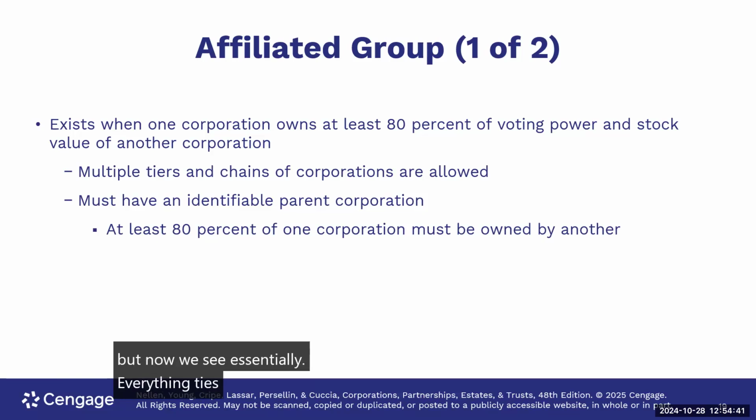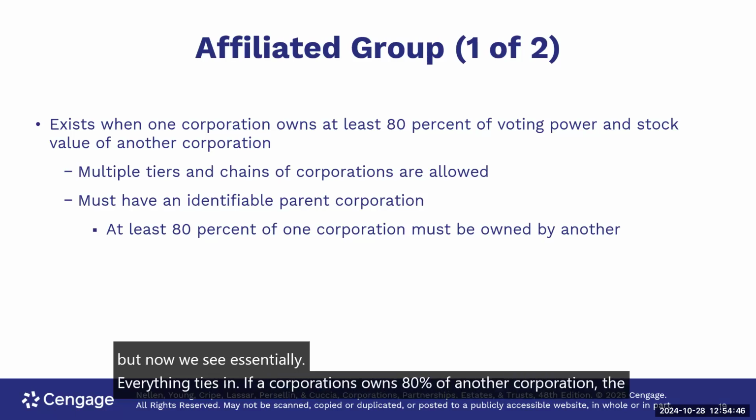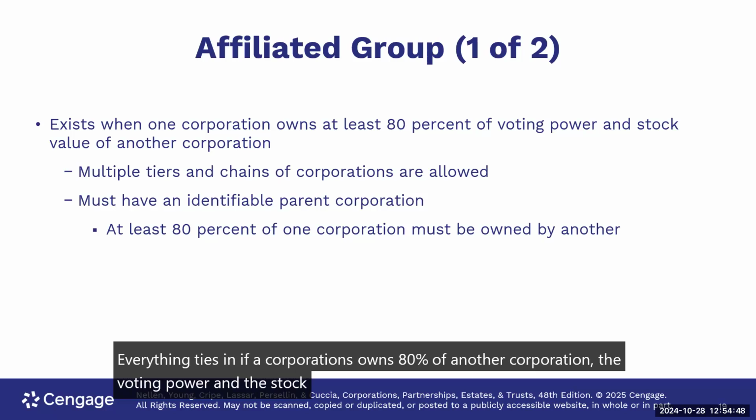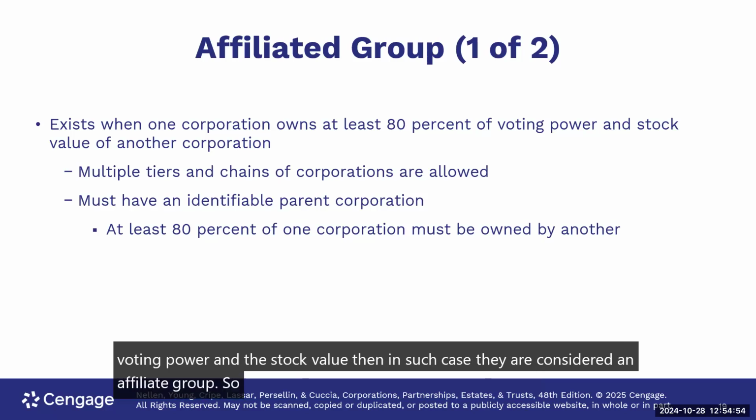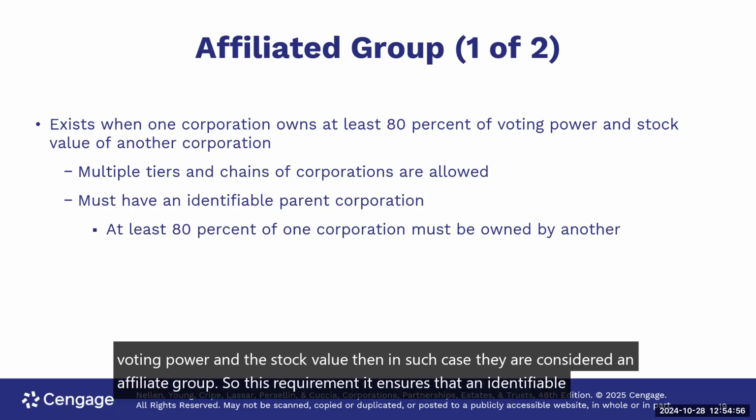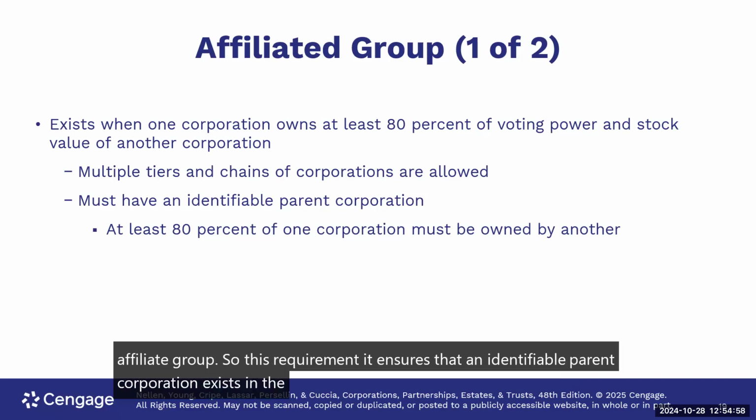If a corporation owns 80% of another corporation, the voting power and the stock value, then in such case, they are considered an affiliated group. So this requirement ensures that an identifiable parent corporation exists in the group. So there's the parent, who's the head, and then there are the subsidiaries.